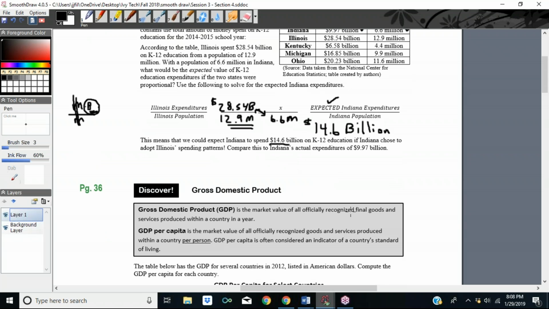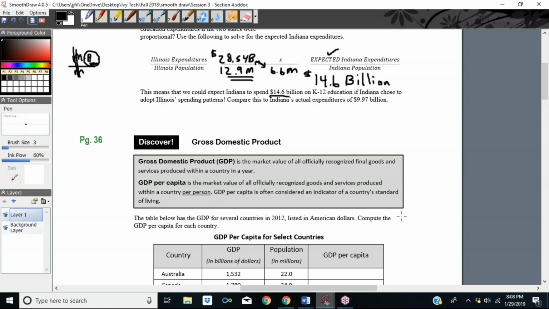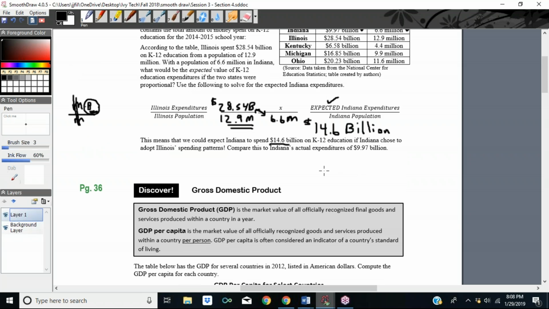So let's look on page 36. Actually, if you look in your book, I don't have this on the screen, but there's a problem, number 1. It says if the amount of K-12 expenditures in Illinois were proportional to those in Indiana, what would have been the expected expenditures in Illinois?